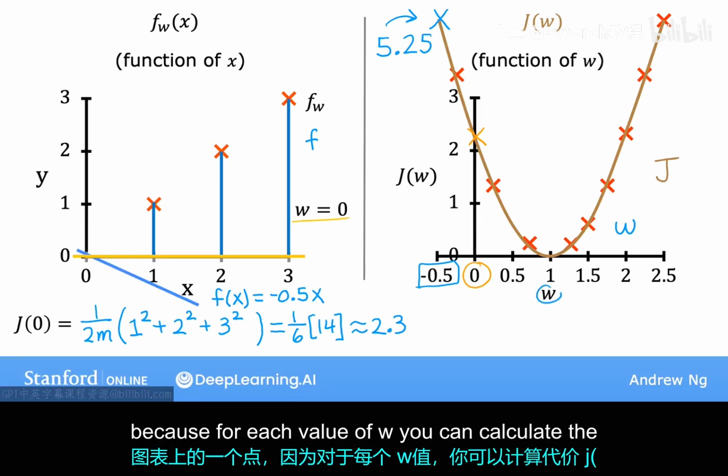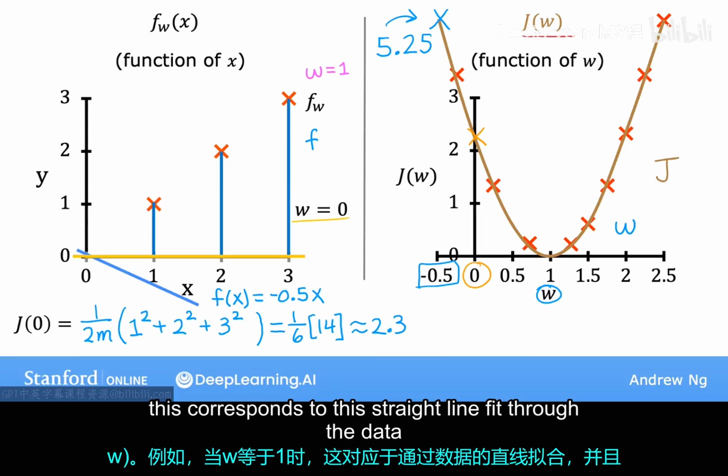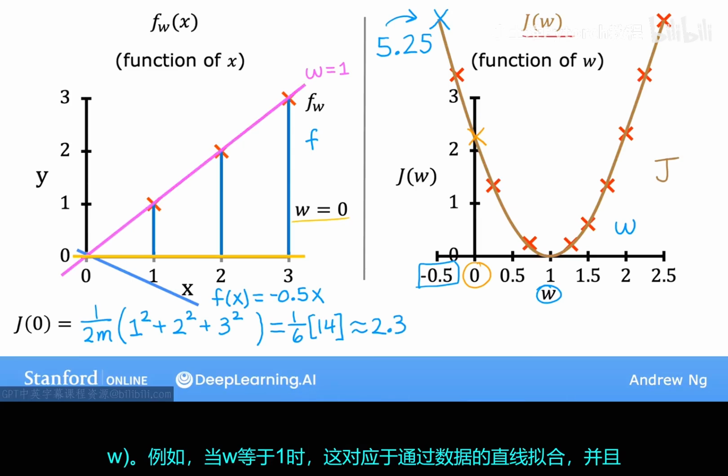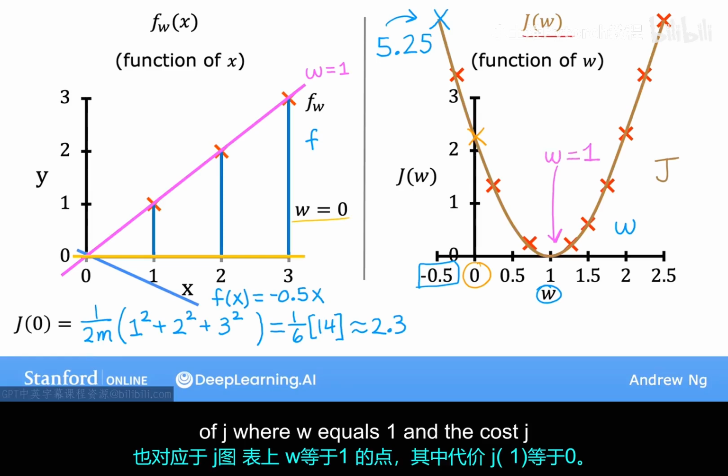Because for each value of w, you can calculate the cost J of w. For example, when w equals 1, this corresponds to this straight line fit through the data, and it also corresponds to this point on the graph of J, where w equals 1 and the cost J of 1 equals 0.